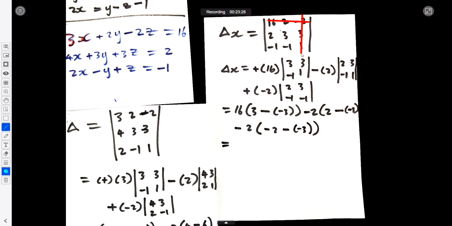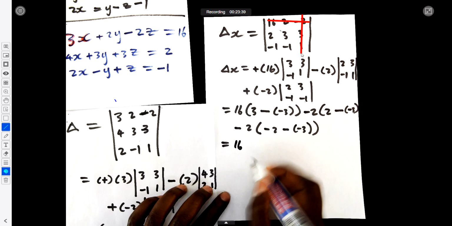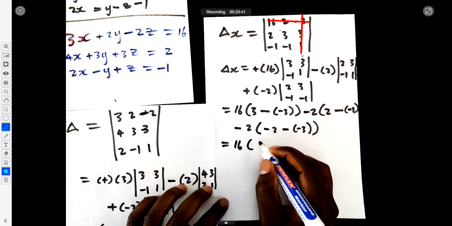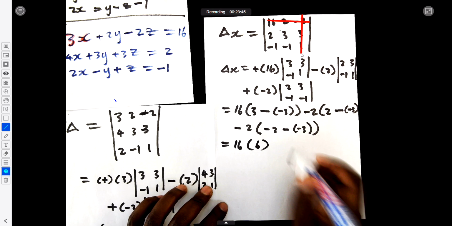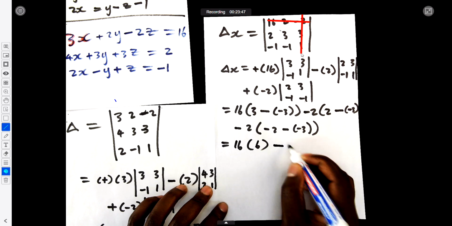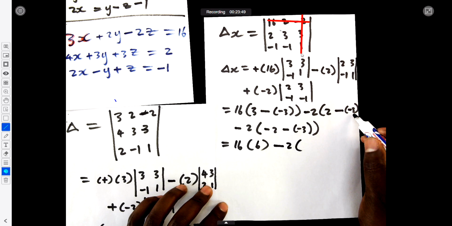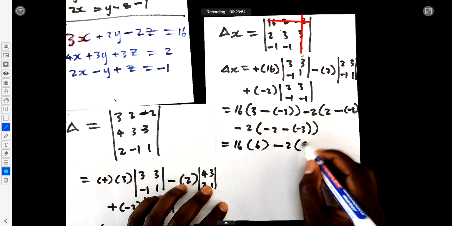Therefore, the answer is going to be equals to. As I said, if you are good in punching your calculator and you have traced everything correctly, in this step, please calculate everything at once. But if you want to do step by step, do so. And that's 6, right? So 3 minus 3. And therefore, this is minus 2 into, this is going to be 5.